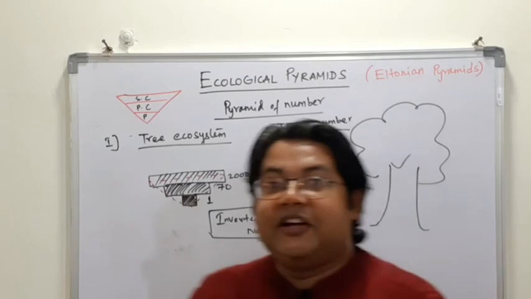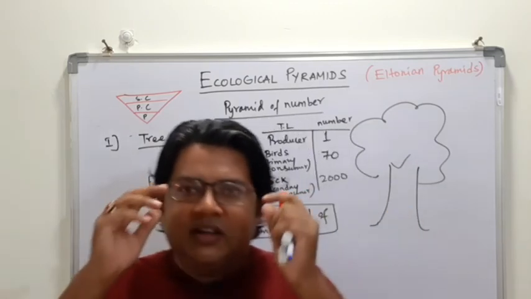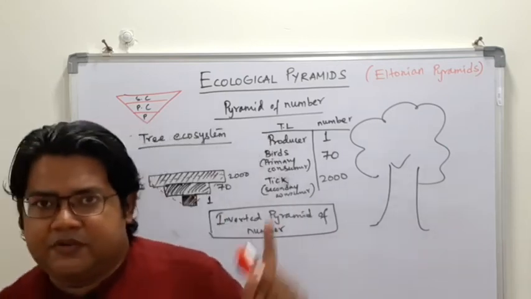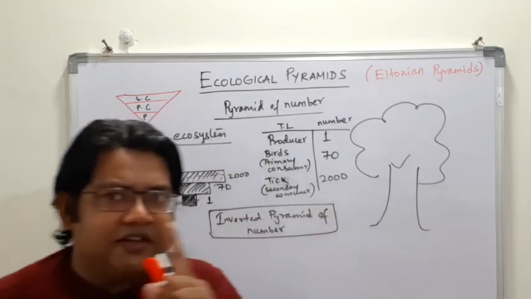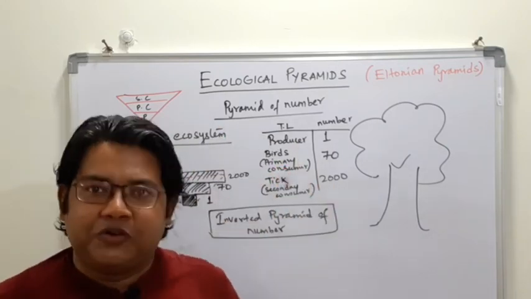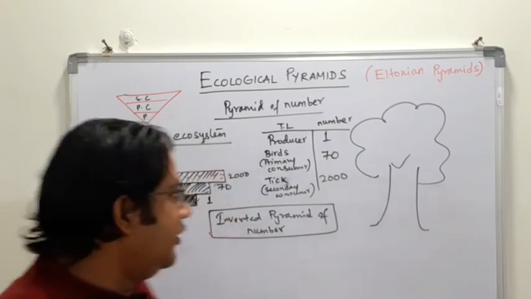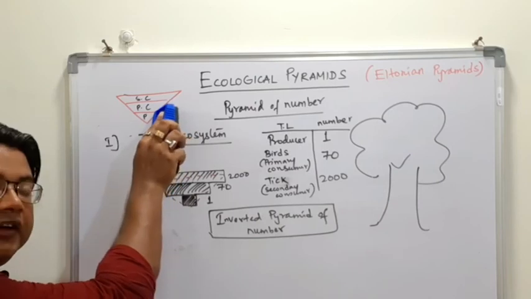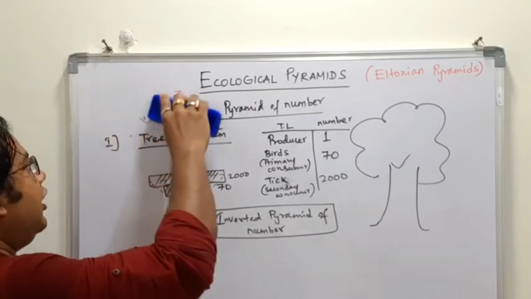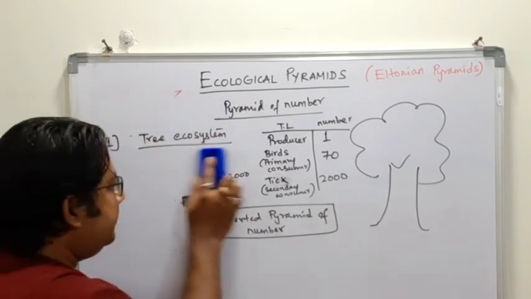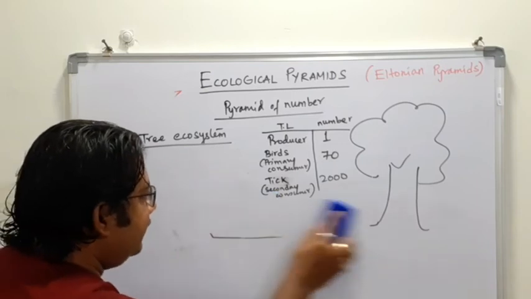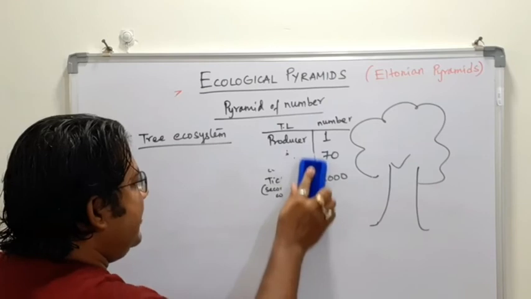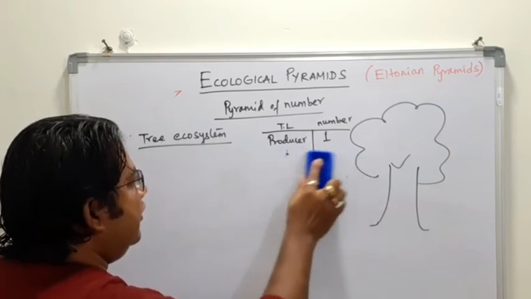Now, there can be a third type of pyramid. That is not a pyramid, but a third type of representation. We will consider this tree ecosystem itself, but we will consider a different food chain and we will talk about that. So I am not rubbing out this tree ecosystem. We have understood this is an inverted pyramid. Now, we are considering a tree ecosystem and I will keep this table over here.